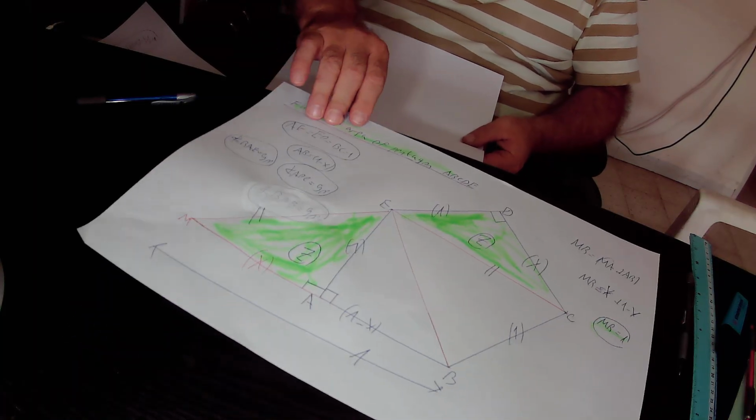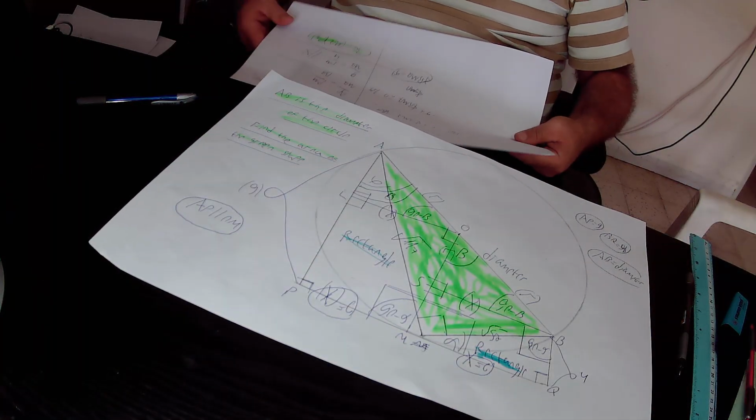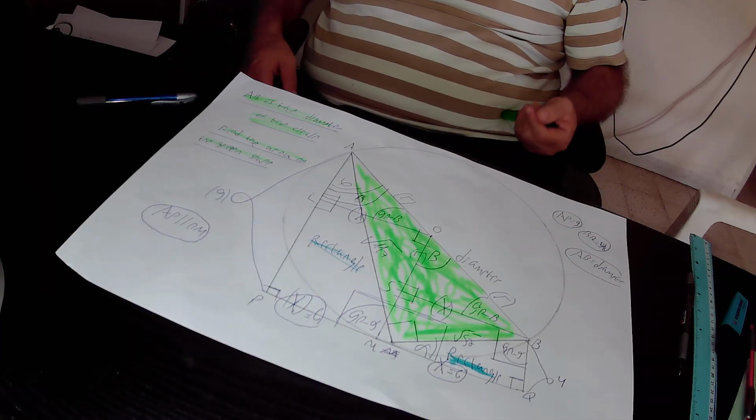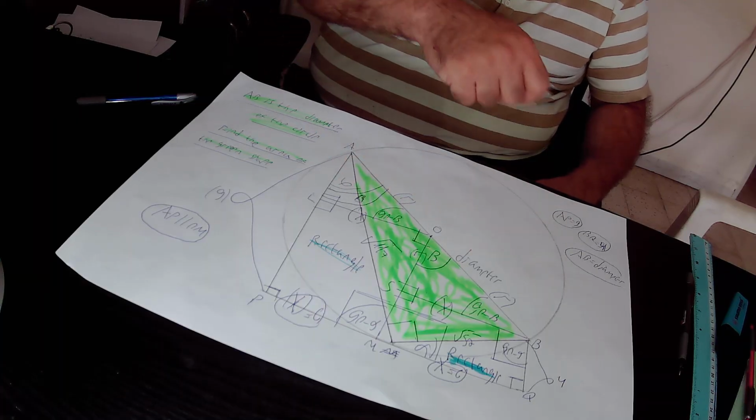In the next step, I present to you the second question and we solve it. In the second question, our task is to find out the area of this green shape.